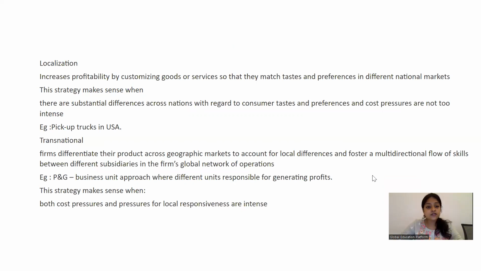The firms differentiate their products across geographic markets to account for local differences, and they foster a multinational flow of skill between different subsidiaries in the firm's global network of operations. This strategy makes sense when both cost pressure and the pressure for local responsiveness are intense.